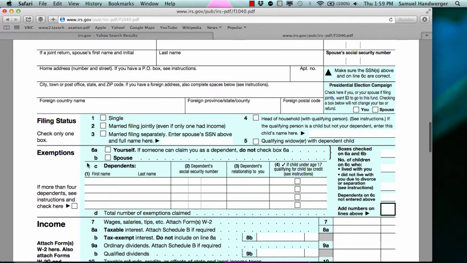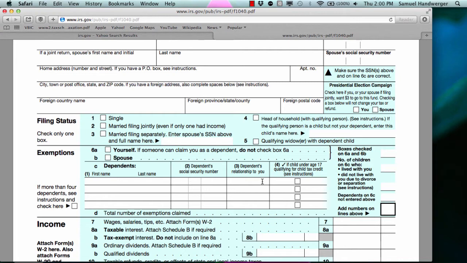We'll fill out the exemptions, which are, you get an exemption for yourself. If it's a joint return, you get one for your spouse. And then you'll list the dependents by name, their social security number. We talked about why the social security number is required. You'll describe the relationship, that's for the IRS to understand whether the issue of the dependency is one that may be subject to audit.